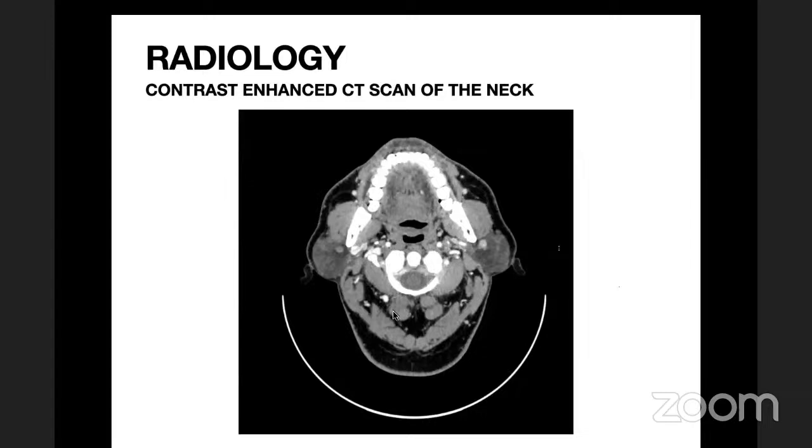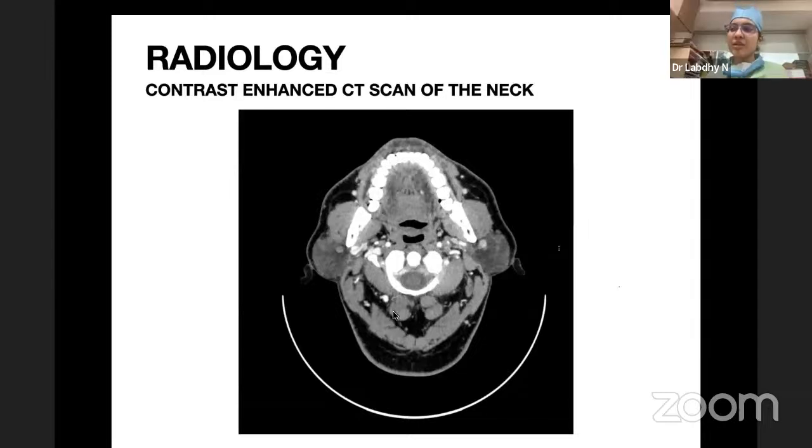Before you go ahead, one last question on evaluation of the larynx. What's the role of NBI in early laryngeal cancers? Yes, sir. NBI definitely has a role in early laryngeal cancers.